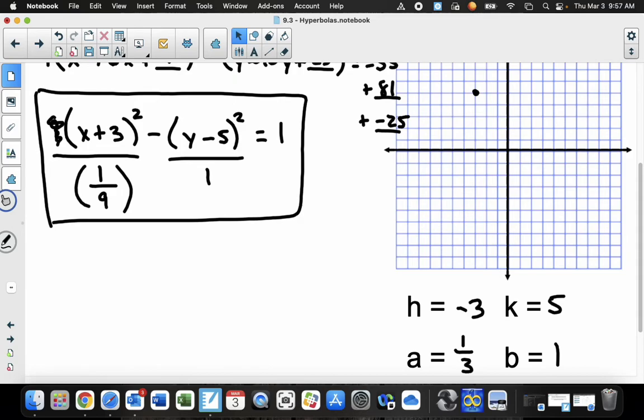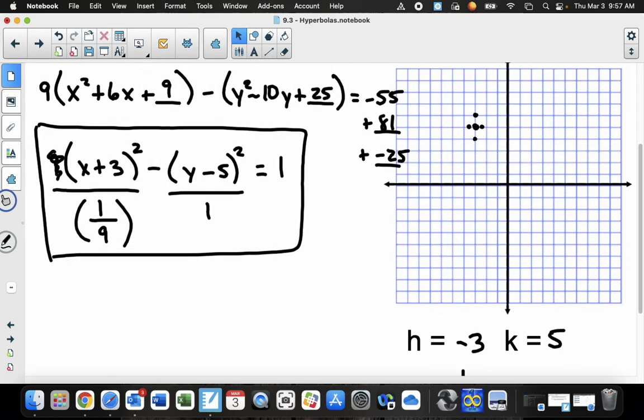So that means we're going 1/3 to the left and 1/3 to the right. That means b squared is 1, so we are going up 1 and down 1 from the center. And again, this is one of the reasons why I didn't give you graph paper on the actual assignment, because as you can see, we're trying to fit things in a very small area here, whereas on the actual assignment, you can sketch it so it's a little bit bigger if you need to.